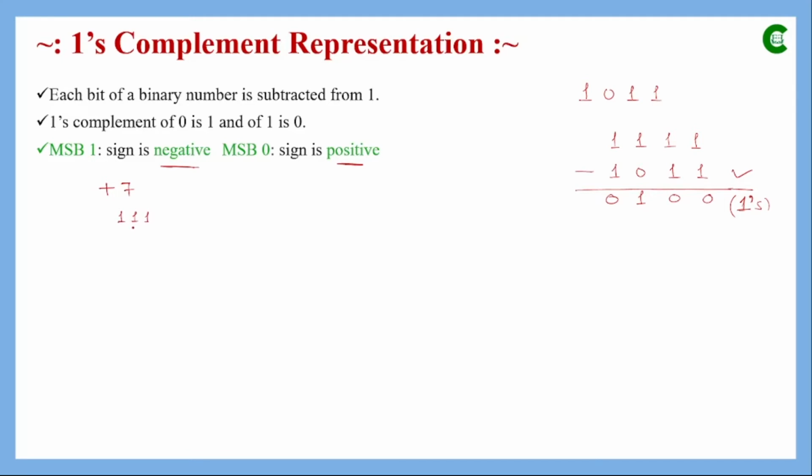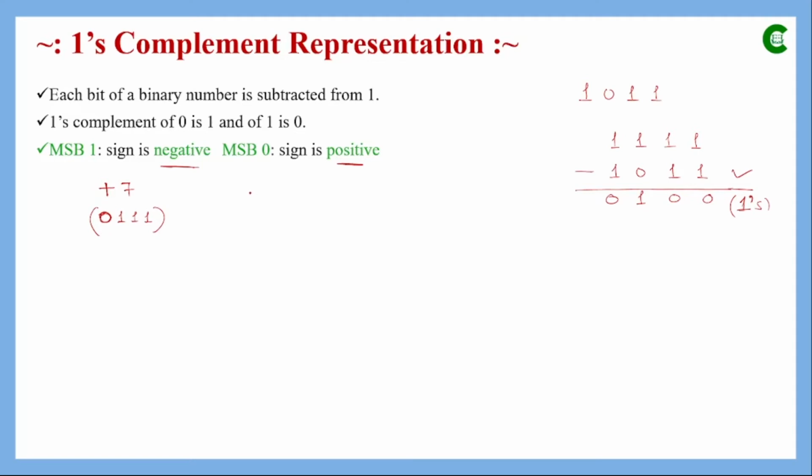And now if we want to represent this plus 7 using 4 bits, because we need 1 extra bit for sign, then since this is plus, we have to take 0 in the MSB position. So this will be the representation of plus 7 in the 1's complement method.